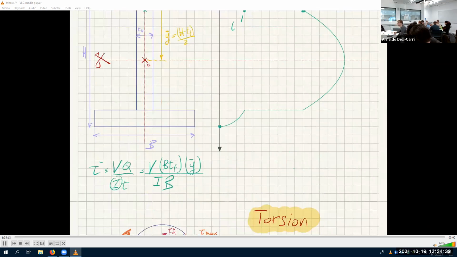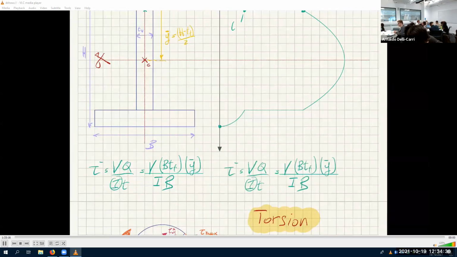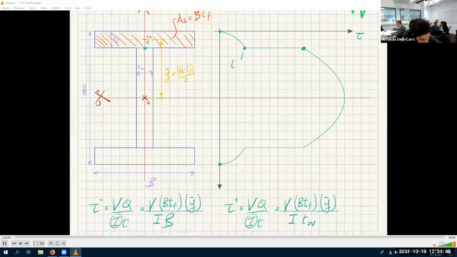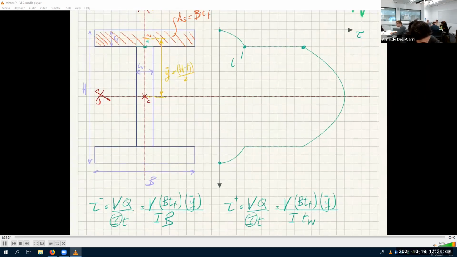And if you're looking from the right, it's the same, so tau plus is the same, but you are using TW. So by using B, you get this, and by using TW, you get this. At the same point, you have two stresses.